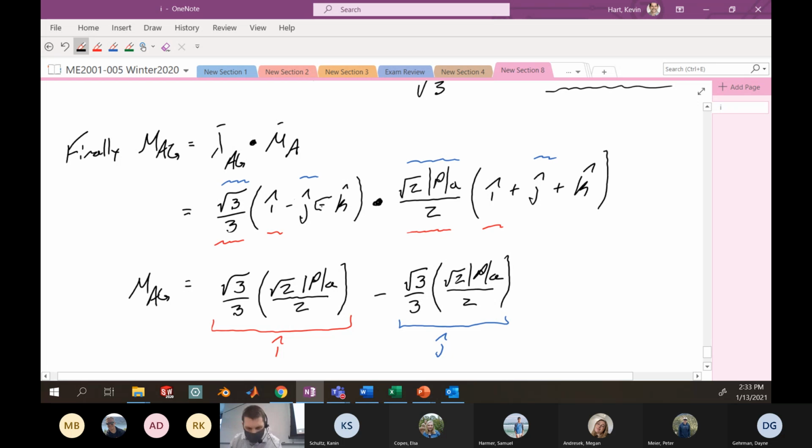And lastly, my k contribution. Again, a minus sign because of the minus here.